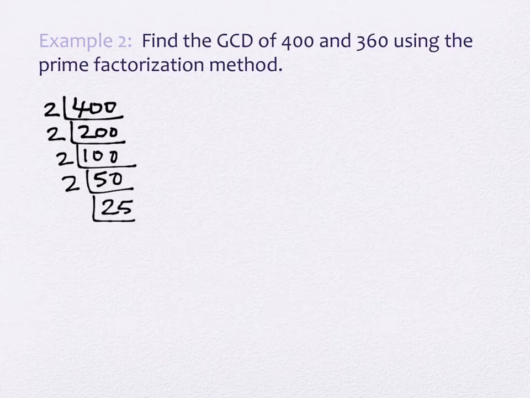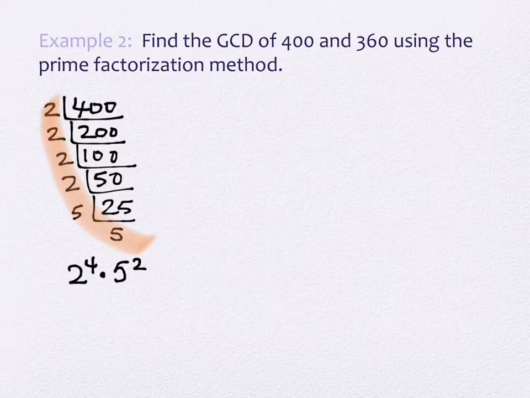No more 2s. 5s, right? 5 and 5. So if you take a look at all of the factors out here, we have 2 to the 4th, and we have 5 squared. That's the prime factorization for 400. Okay, is that okay?